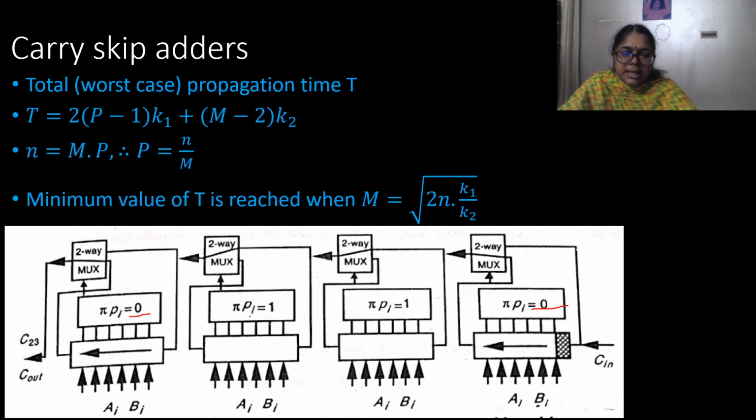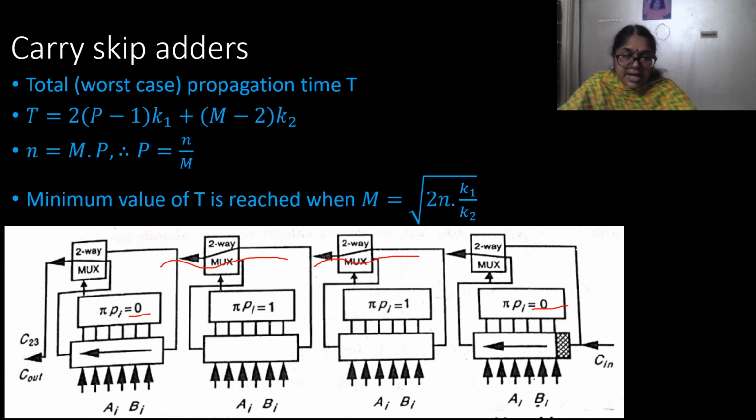For the middle 2 blocks, the block propagation signal is 1. What does this mean? This means the middle 2 blocks can simply bypass the adder circuitry, and the carry can be propagated to the next stage.